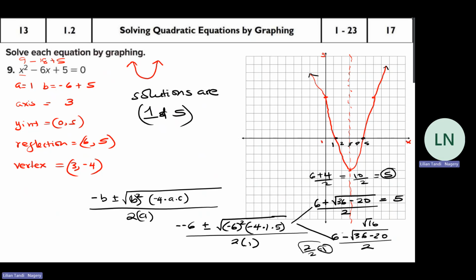So your solutions are 1 and 5. And then you choose the graph. So this should be at 1 and this should be at 5. But your jadwal should give you a lot of points so that your graph is correct.